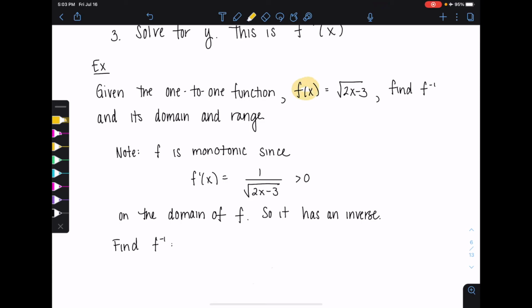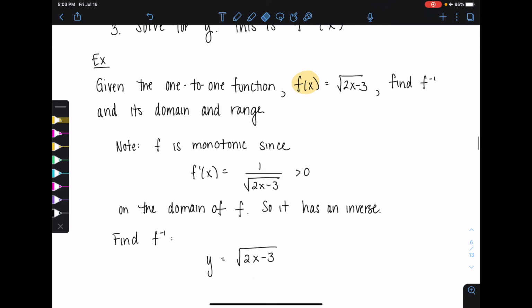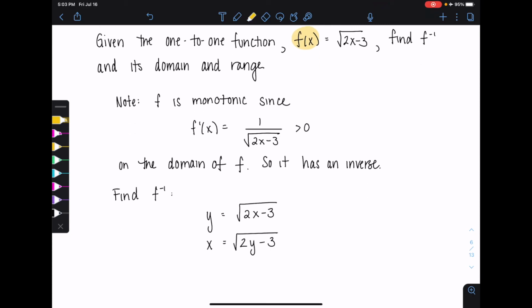So instead of using this function notation, I'm going to replace that by a y. And I'm going to say y equals the square root of 2x minus 3. Now we want to go ahead and swap those roles of x and y. So this y gets replaced by an x, this x gets replaced by a y. If there were more x's over here, I would need to replace those by y's as well.